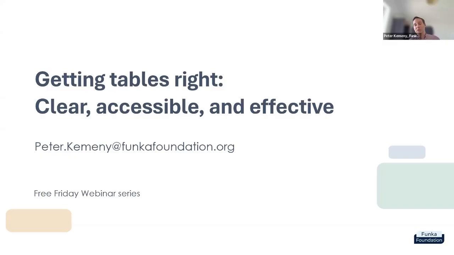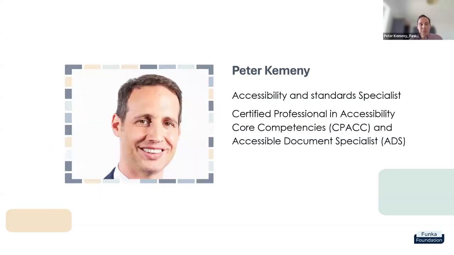So we'll look at tables and how different users experience them, what can go wrong, and how to make these tables work for everybody. I'm Peter Kamin. I'm an accessibility and standards specialist, and I'm a certified professional in accessibility core competencies and an accessible document specialist. I have the CPACC and the ADS certification from IAAP.